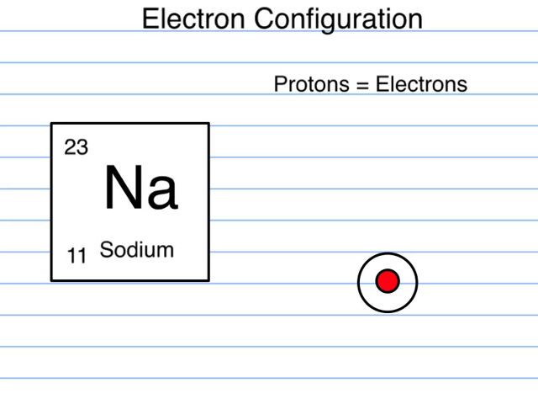So what we can do is put our electrons on that first shell. Okay, so let's just move that electron. We've got 1 electron and then 2 electrons.